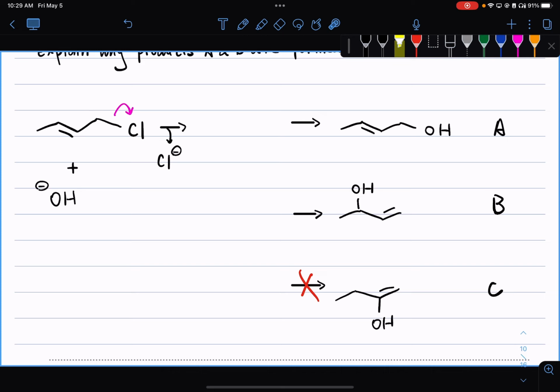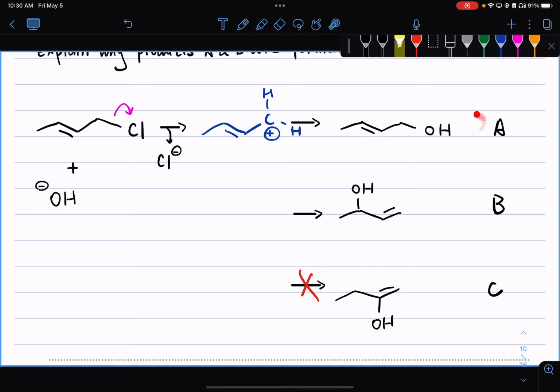So let's just follow this logic and draw our carbocation intermediate first. What does that look like? We're breaking the chemical bond here. Both electrons go to the Cl. We're forming a carbon-centered cation, in this case, an allylic cation. So this is what we have. Hydrogen, hydrogen, and a plus.